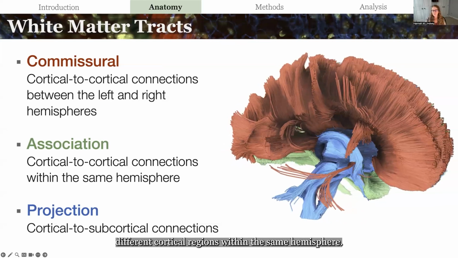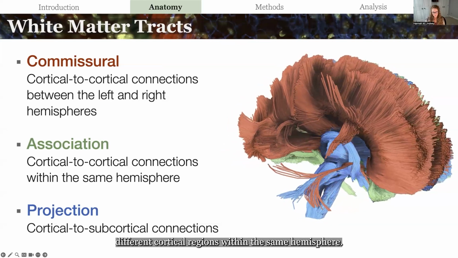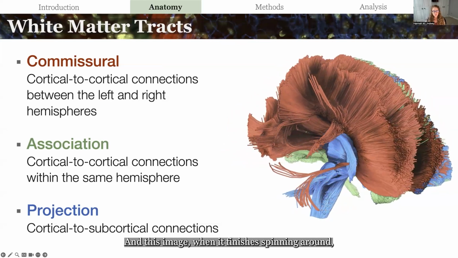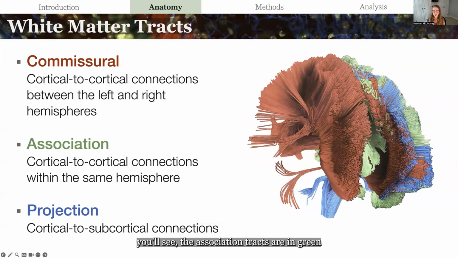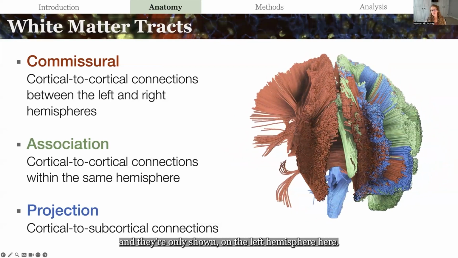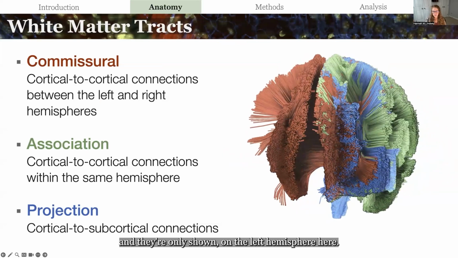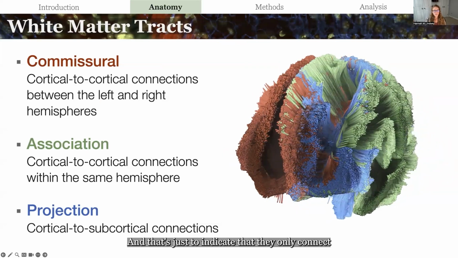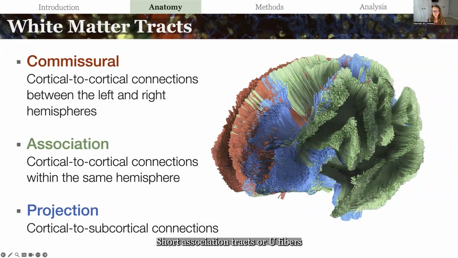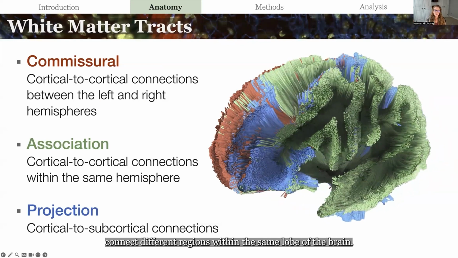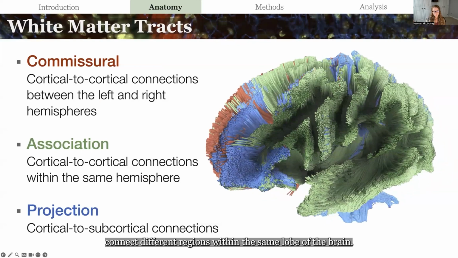Association tracts connect different cortical regions within the same hemisphere. And in this image, when it finishes spinning around, you'll see the association tracts are in green, and they're only shown on the left hemisphere here. That's just to indicate that they only connect regions of the same hemisphere. Short association tracts, or U fibers, connect different regions within the same lobe of the brain.